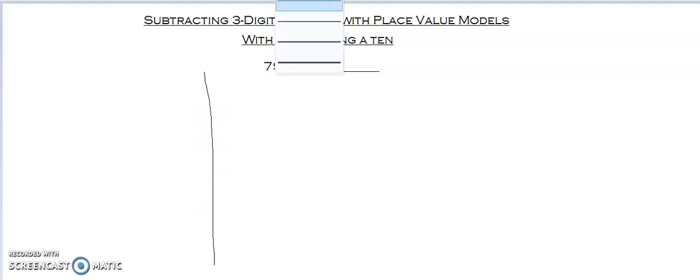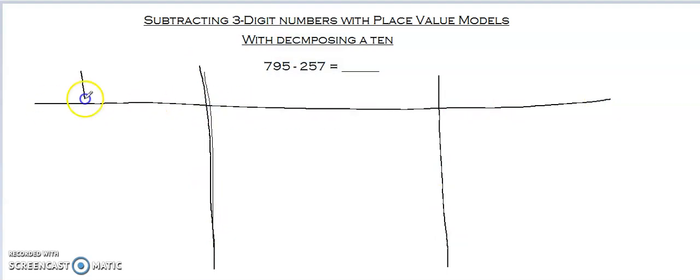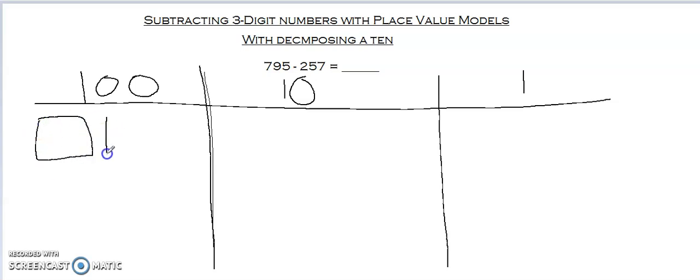This next example, we're going to look at what subtracting three-digit numbers with place value models looks like with decomposing a 10. So I'll start with my frame. I'm going to start with the greater number in the equation, so 795.